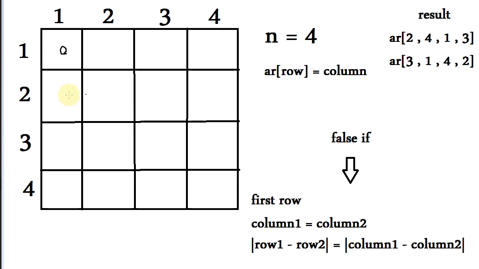Then it goes to the second row and checks if it can put the queen in here or not. It goes to this condition and finds that their columns are equal. So you cannot put the queen in here.